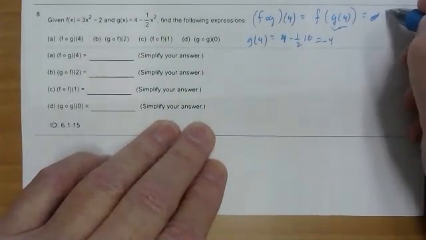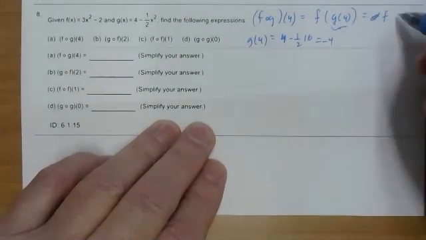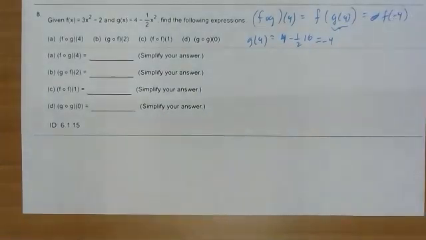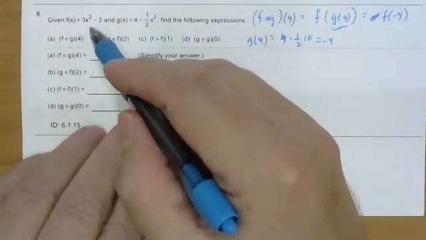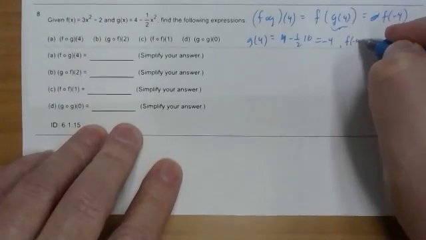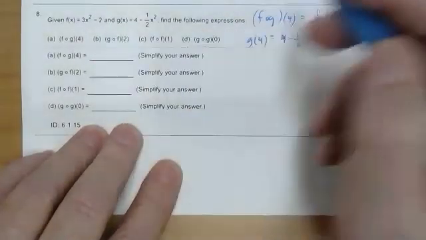So that means now, since g of 4 is -4, I put in -4 for g of 4, and now I need to go figure out f of -4. So I go to my f function, and I plug in -4 for x.